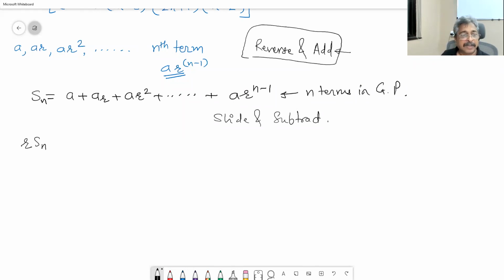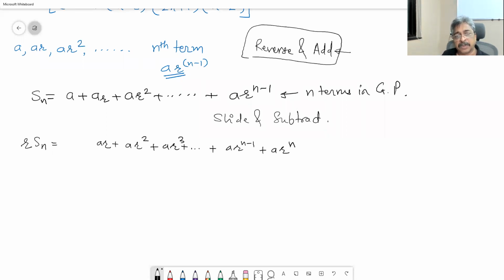rSn is equal to: first term would become ar, second term will become ar square, third term will become ar cube, and the n minus 1th term will become ar raised to n minus 1, plus ar raised to n.